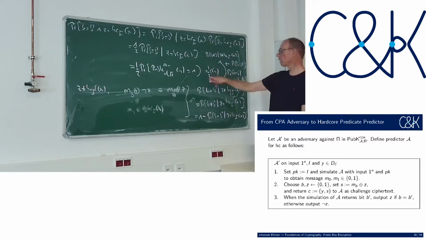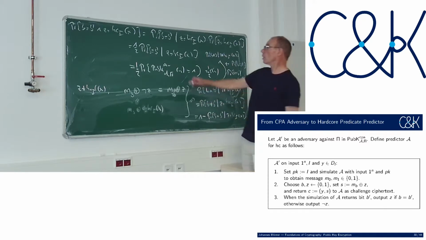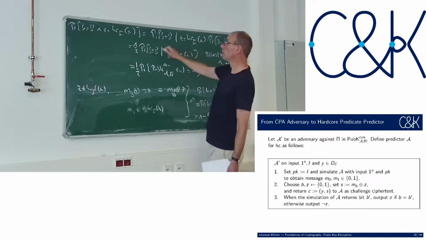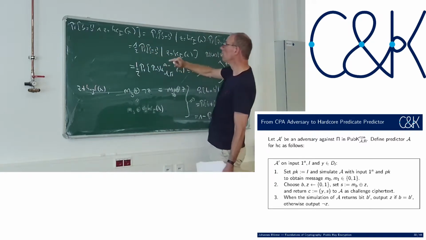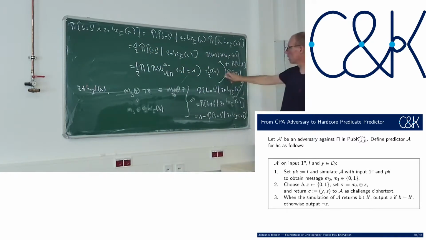And that gives me another 1/2 plus epsilon. So we also had to analyze the case where this is not equal, right? And I can do the same thing, and that gives me another 1/2 plus epsilon.